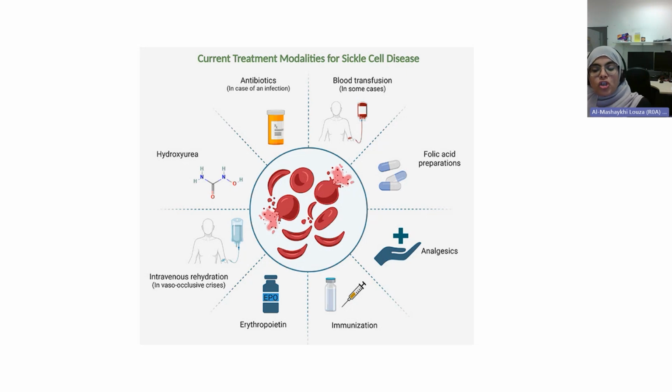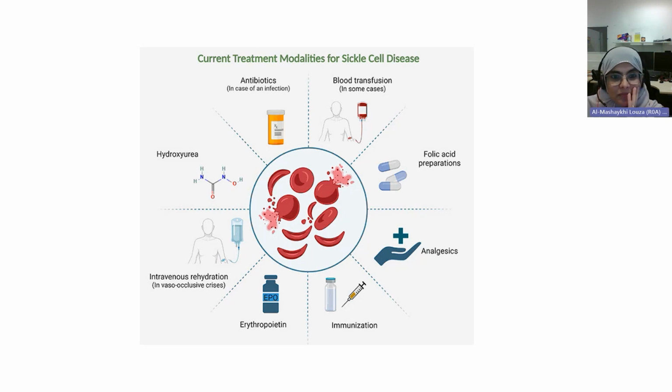We provide antibiotics as prophylaxis lifelong because of the hyposplenic state. Sometimes patients require blood transfusion, either top up or exchange, depending on the indications. And the cornerstone of management is hydroxycarbamide. I'll speak a bit about hydroxycarbamide in detail in the next slide.